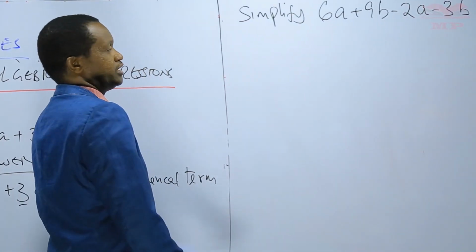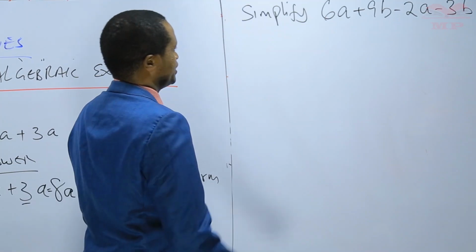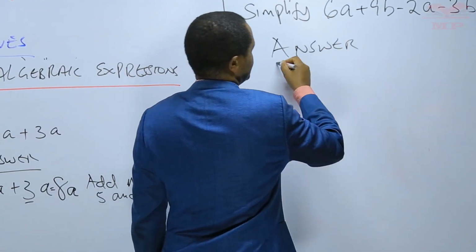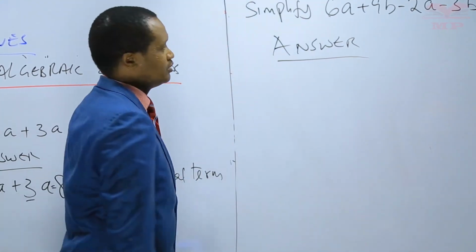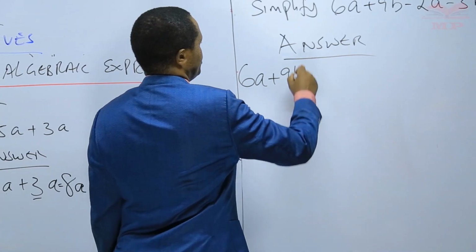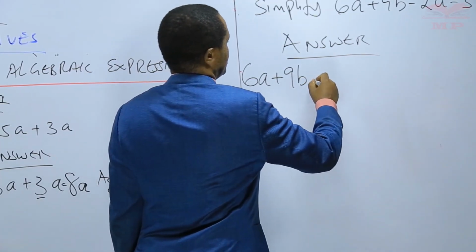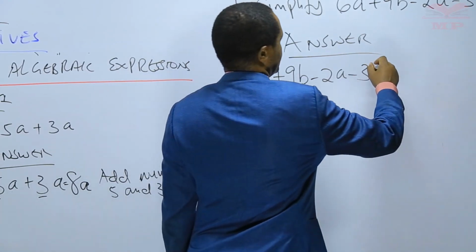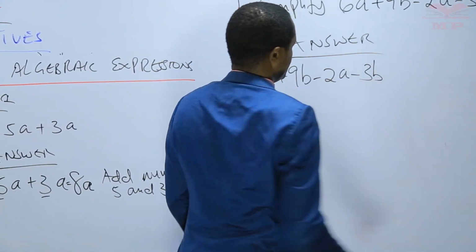That is the algebraic expression. Simplify. So what is the answer, learners? Step number 1, let me write it first here: 6a plus 9b minus 2a plus 3b.